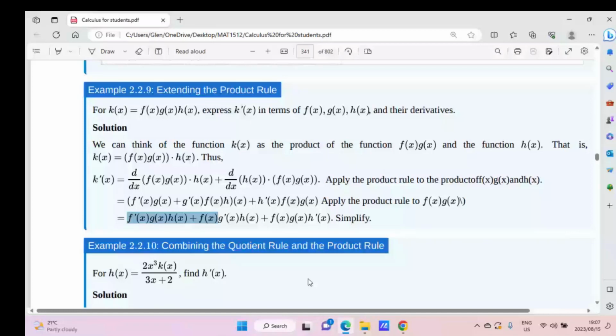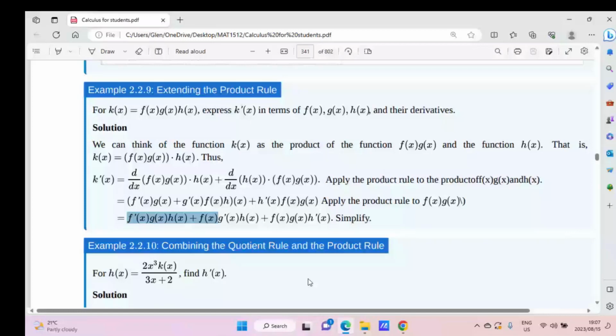Thank you. Let me repeat. You said in the numerator, we have 6x to the power 4, k prime of x, plus 24x cubed, k of x, plus 4x cubed, k prime of x.